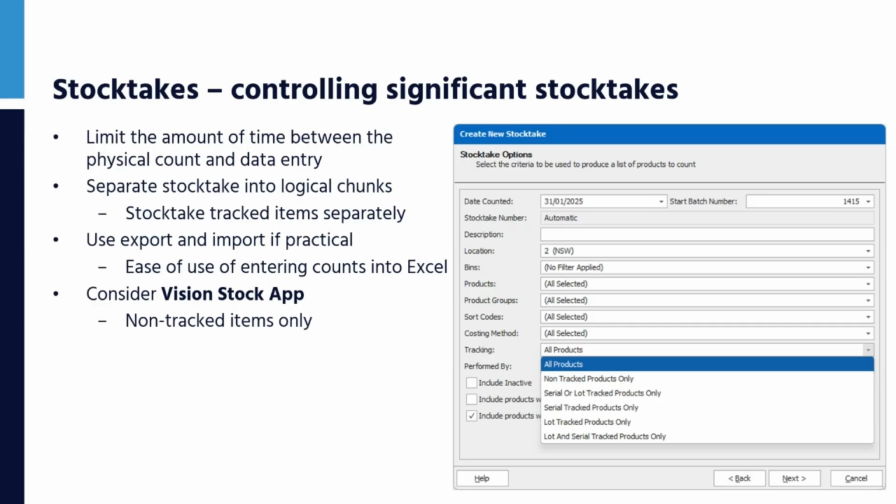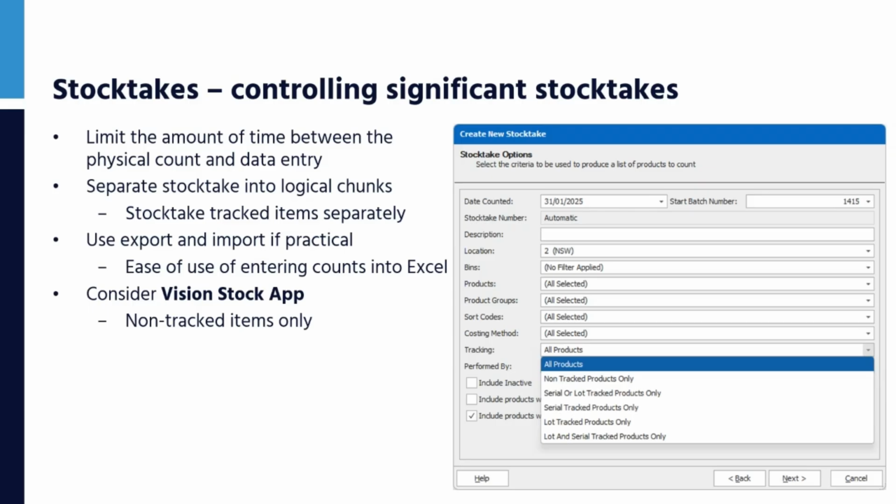So the system will basically look at what's been transacted between the physical stock take occurring, or the batch number that was present at the time of the physical stock take, and the actual data entry. So it will make some adjustments as required based on the transactions that have occurred between those 2 points in time.